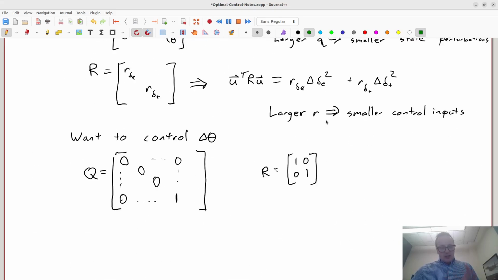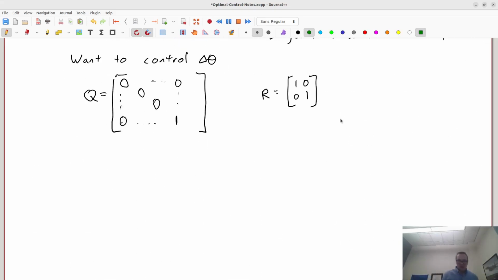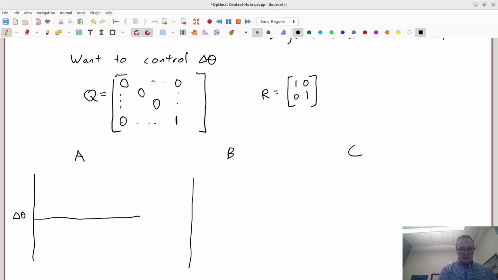So now to think about what this LQR controller is going to do, I'm going to draw 3 examples and ask you which one the optimizer is going to think is the best. So we've got 3 different trajectories. We'll say A, B, and C. And these 3 different trajectories are just trajectories for delta theta for now. So this is delta theta, and this is time.